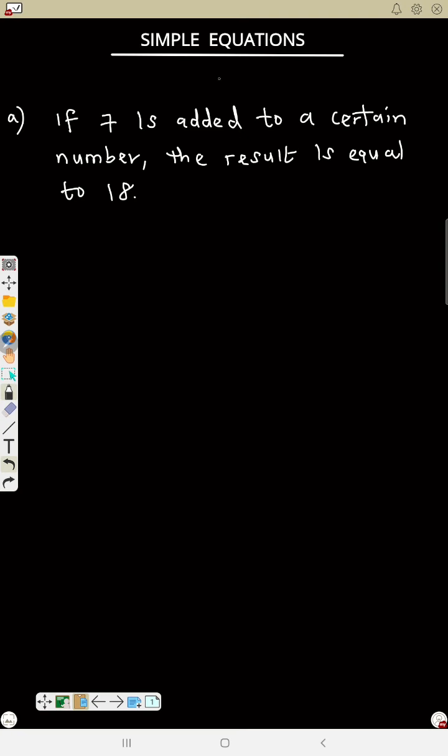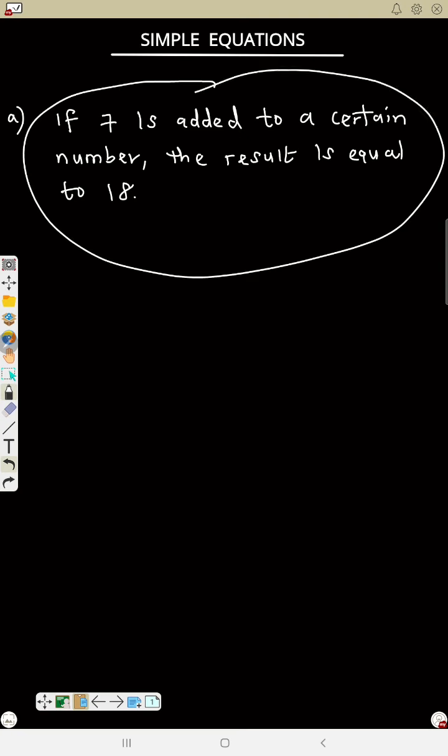Now can you interpret this back to equation?